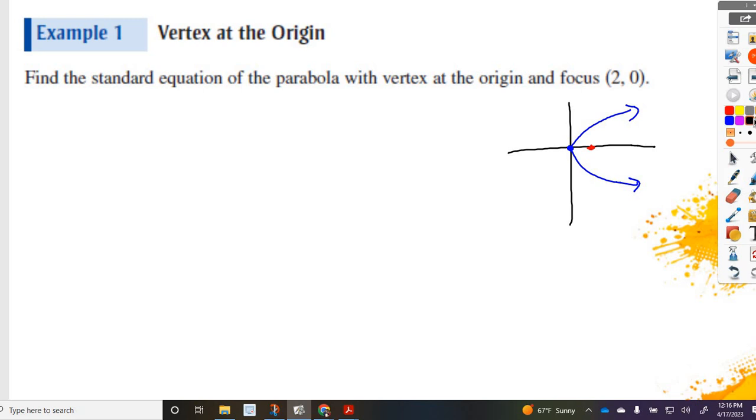So if it's opening left and right, we know that we're using that (y minus k) quantity squared equals 4p times (x minus h). And what are h and k?